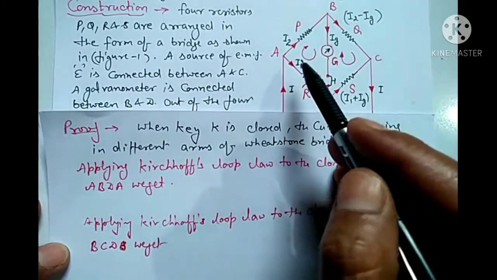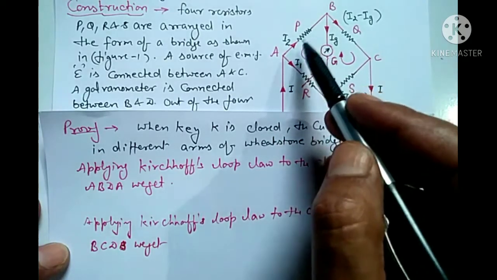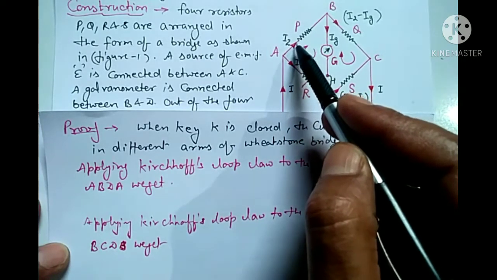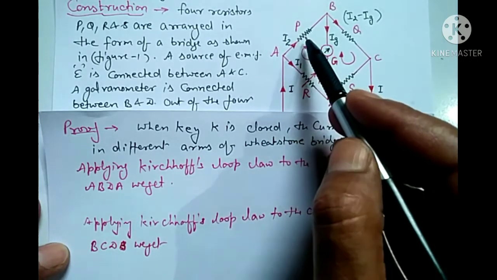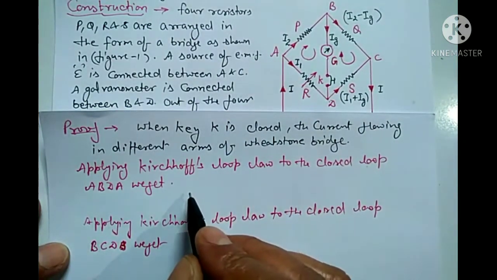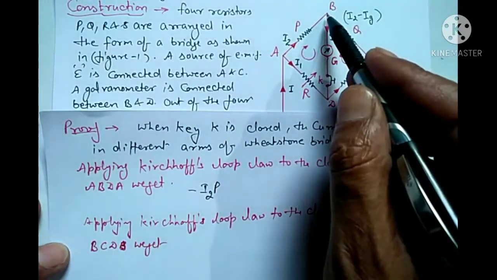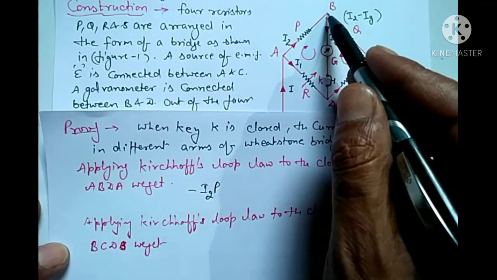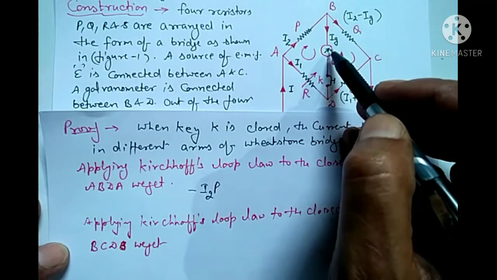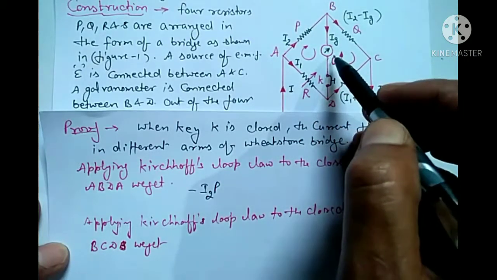In this loop, from point A I start moving, and the direction of current and my direction is the same through this resistor P. So the potential difference across this resistor P is minus I2 P. At point B, there is a galvanometer, and the direction of current and my direction is the same for the galvanometer.